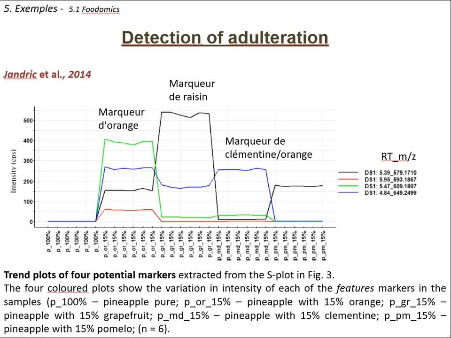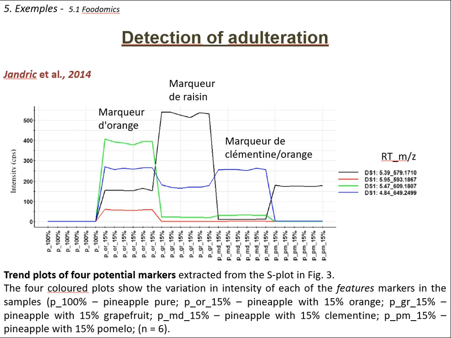And finally, here is another graph showing the trend plots of 4 potential markers extracted from the S-plot. These markers are shown in different colors: red, black, blue, and green. Each of them is a combination of retention time and mass to charge ratio, and you see their abundance in different juices. When you have pure pineapple, none of these markers is present.